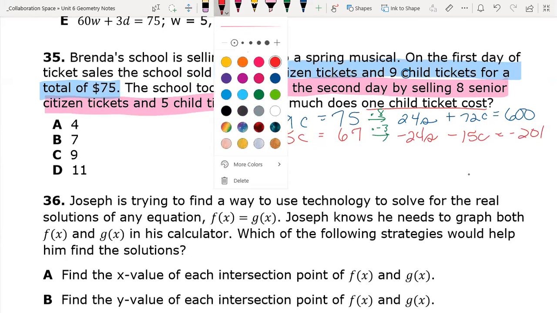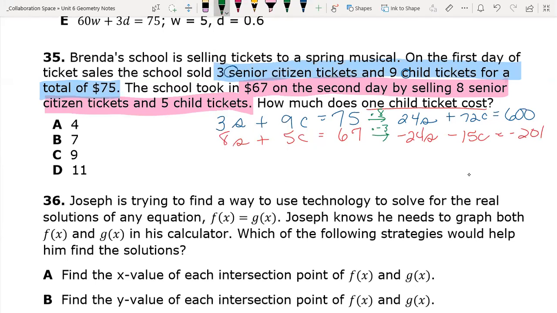Now that we're ready and have it set up, we're going to add these 2 equations together. This cancels, and that leaves me with 72 minus 15C is 57, and then 600 minus 201 is 399.